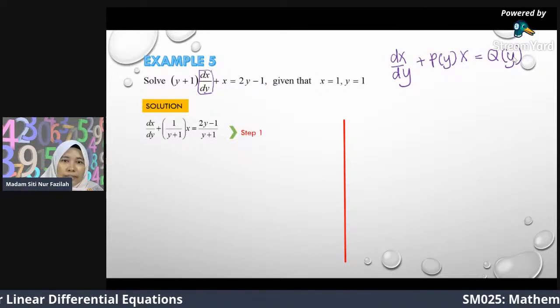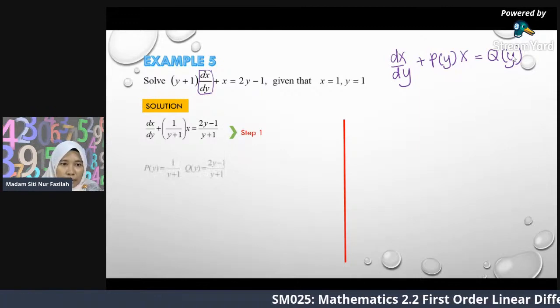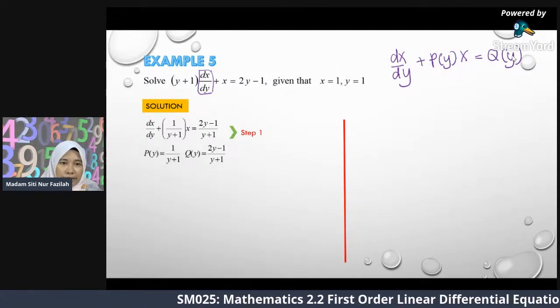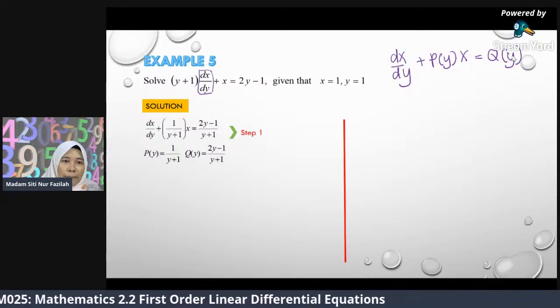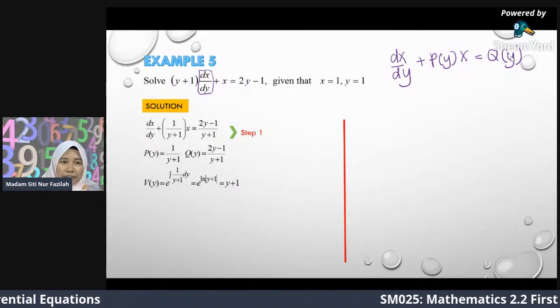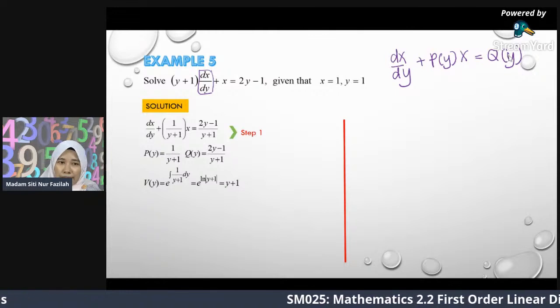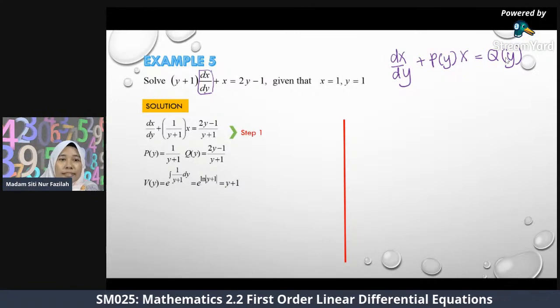When we compare with the standard form, the function p(y) is 1/(y + 1), and then the function q(y) is (y - 1)/(y + 1). Next, we find the integrating factor: v(y) = e^(integral of 1/(y + 1) dy).